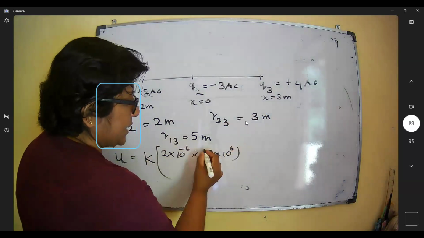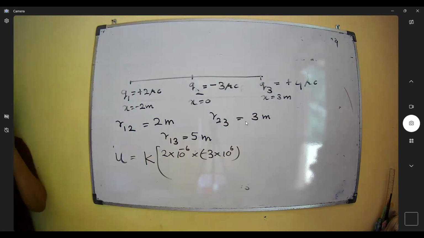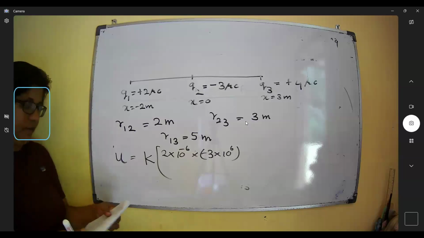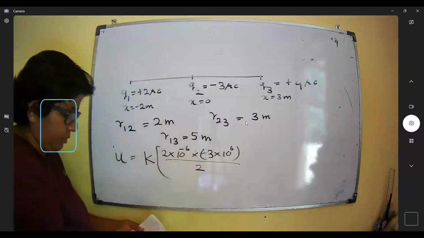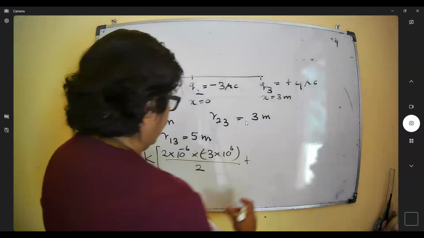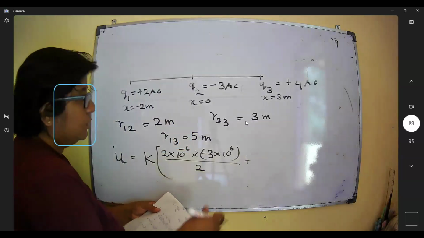We have to consider the sign of the charge, because minus means attraction. The other one is divided by the distance, for charges 2 and 3.